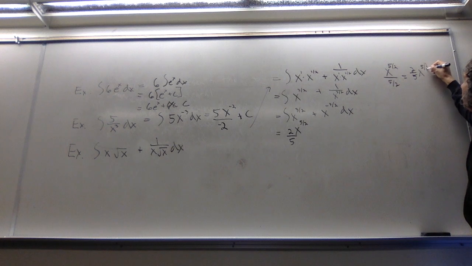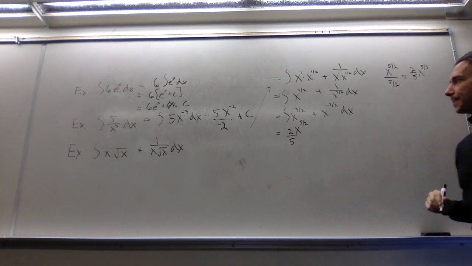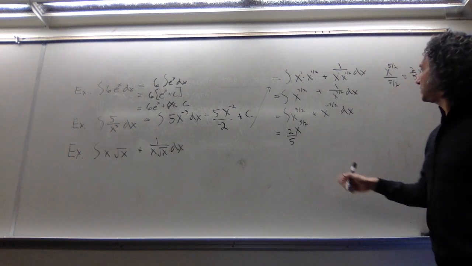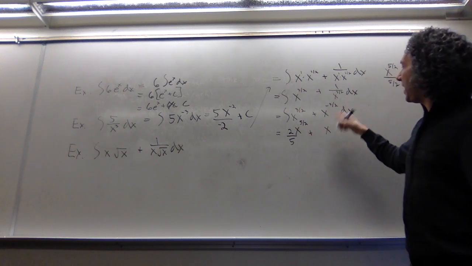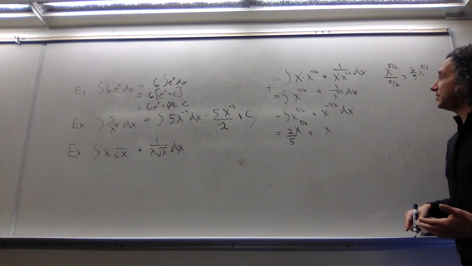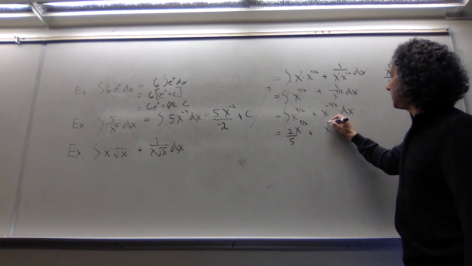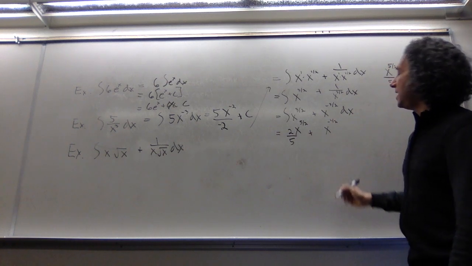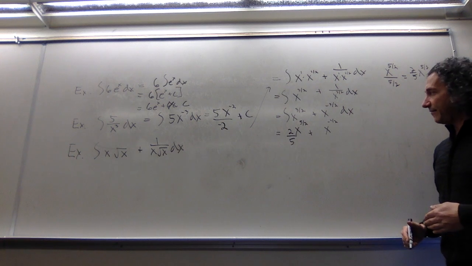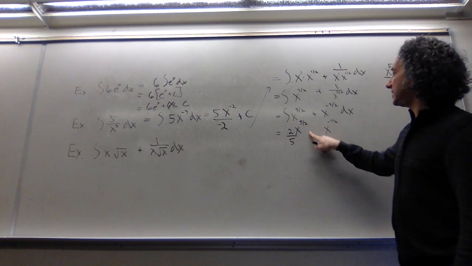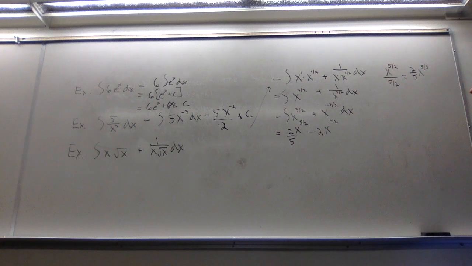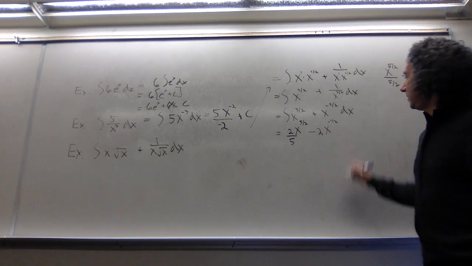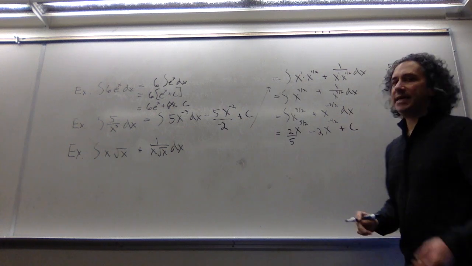And I will do that always. It just looks cleaner. So that's this first piece. So if I have the second one, I have x to the minus 3/2 plus 2/2, or x to the minus 1/2, divided by minus 1/2, which is the same thing as times minus 2. And then finally, I want to add my c at the end.